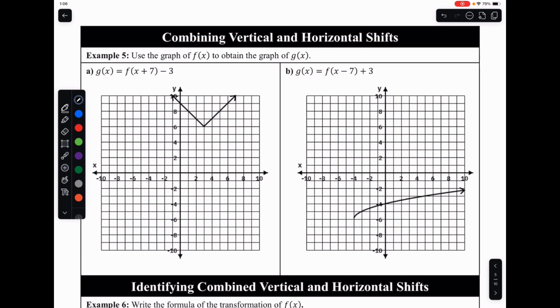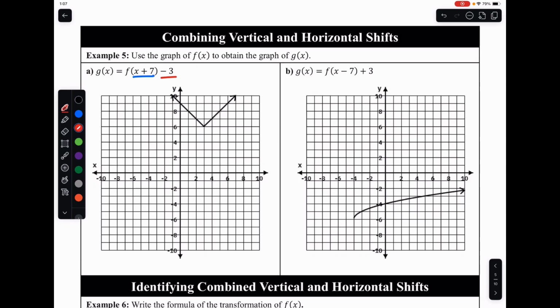Now, let's say we're doing both combinations again with a graph. Well, all I have to do again is understand the direction that they're moving. Because they're horizontal and vertical shifts, it doesn't matter the order that you do stuff. I like to do things with x first and work my way out. Well, the plus 7 doesn't mean to add 7.